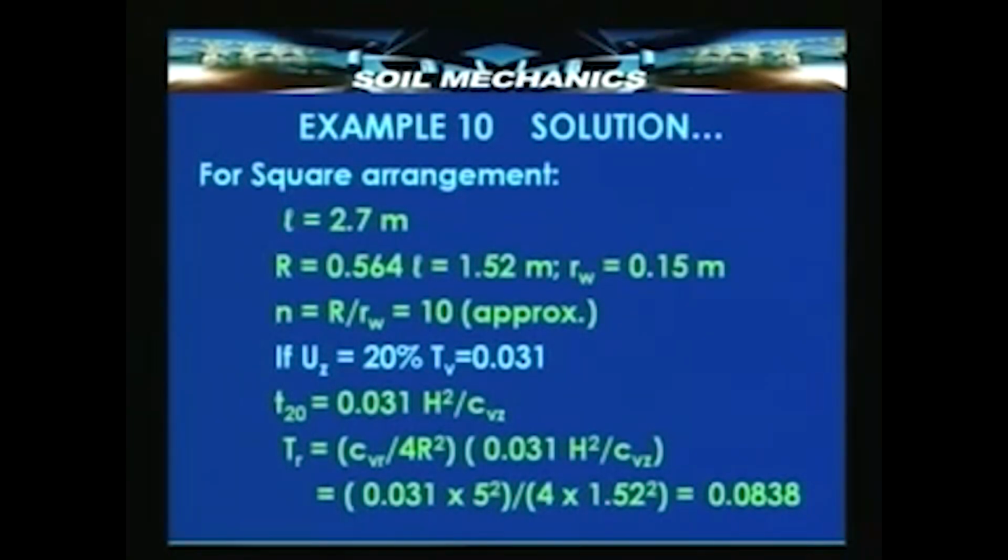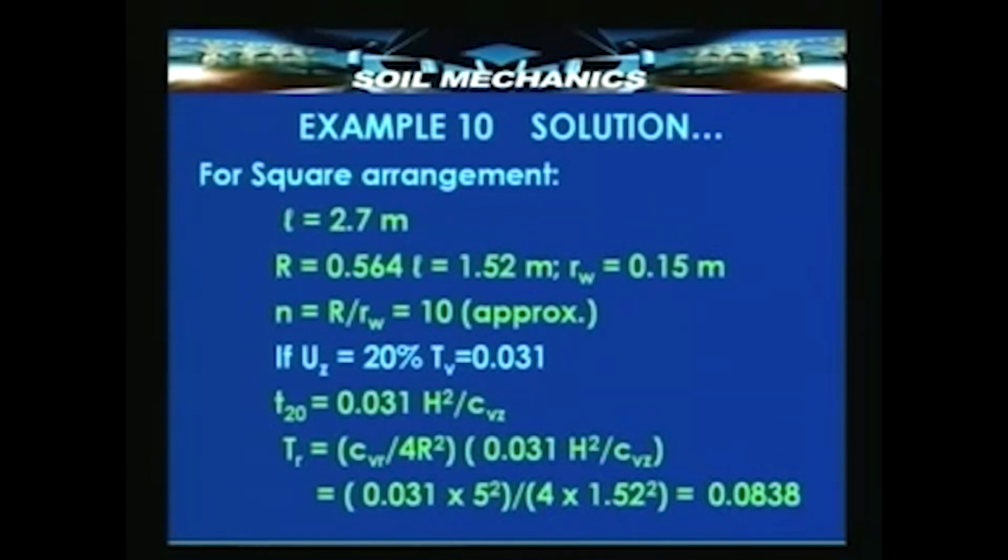So, with sand drains, if Uz is 20%, the corresponding T can be calculated as 0.031, and small t20, that is the time taken for 20% consolidation, will be capital T20 into h square by CVz.